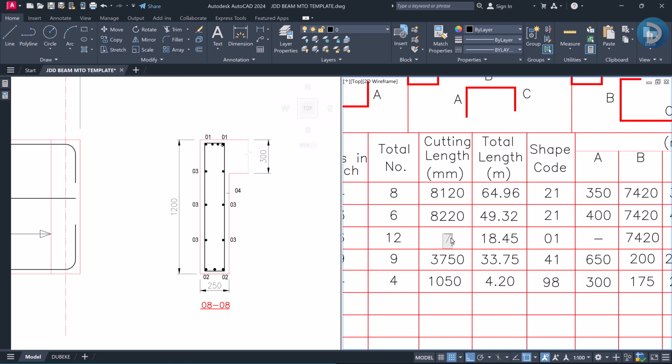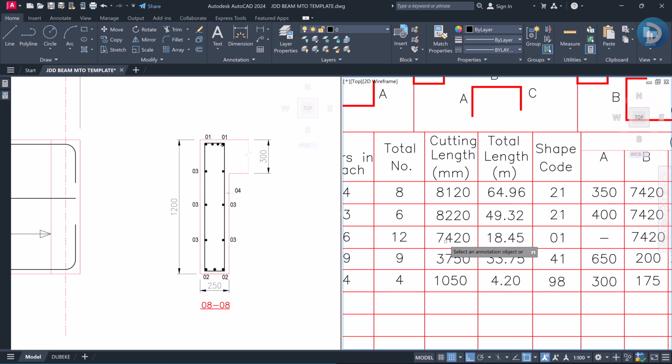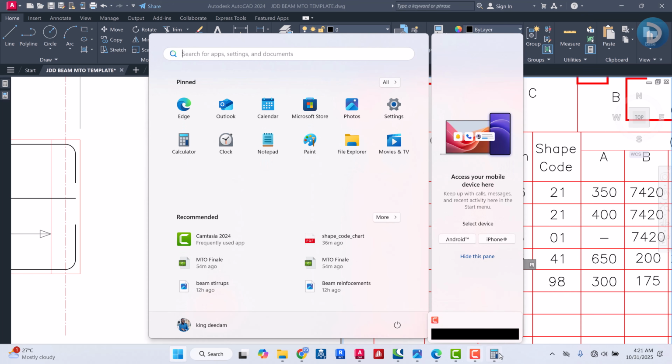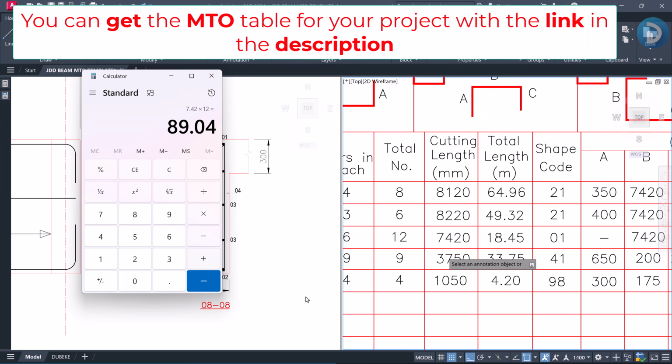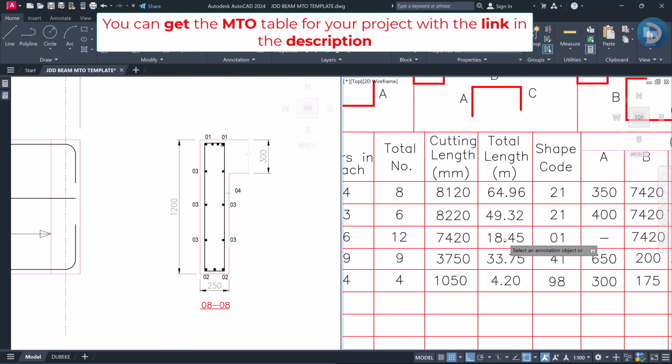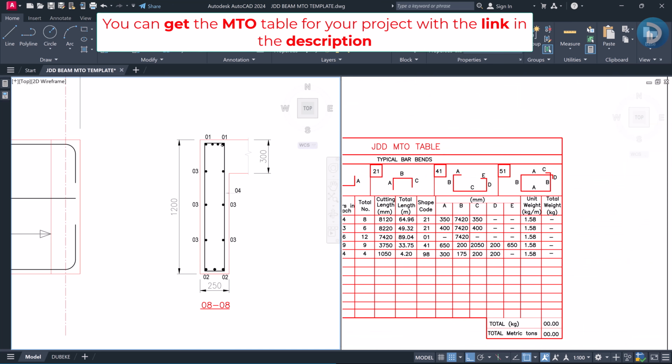Dividing this by 1000, we have 7.42, and multiplying 7.42 by a total of 12 numbers, the total length required for our bar mark 03 becomes 89.04, right? So we'll come here and call this 89.04.